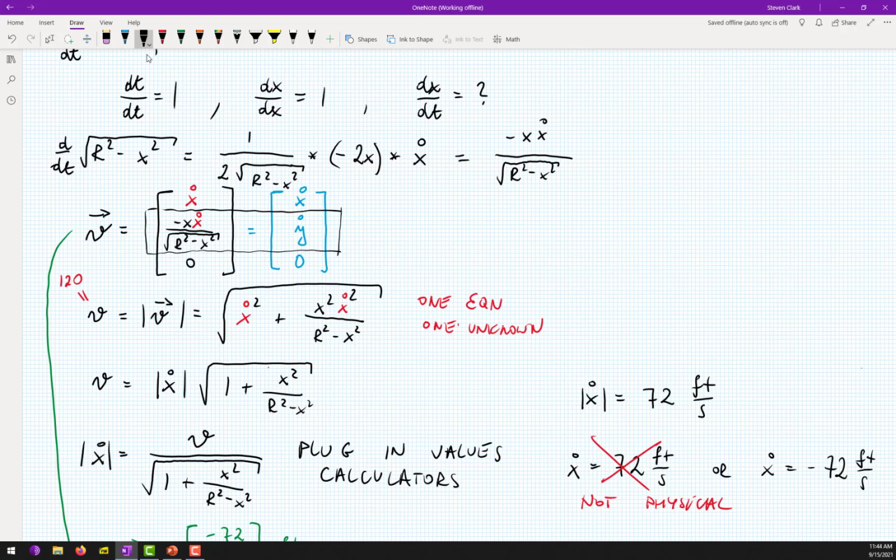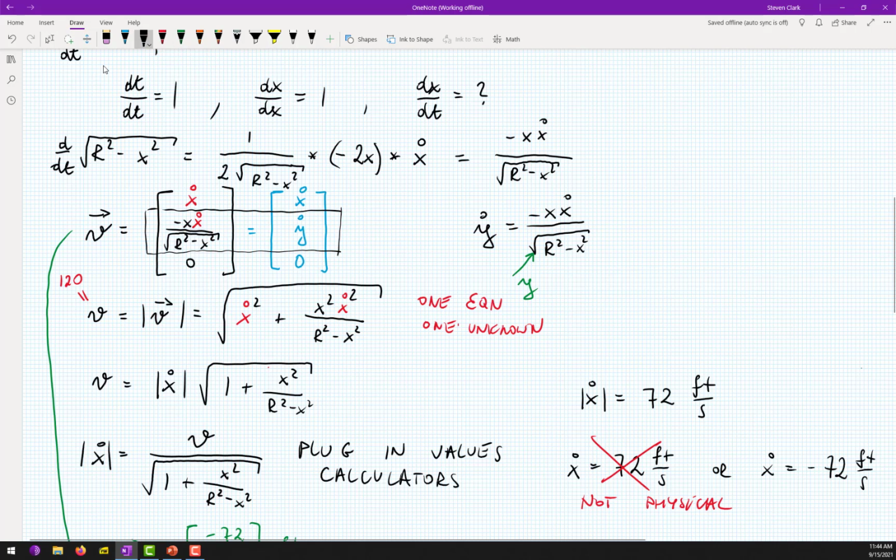So basically, y dot is equal to minus x dot divided by that square root. And by the way, that square root is again y. Yes, we can replace this square root with y.